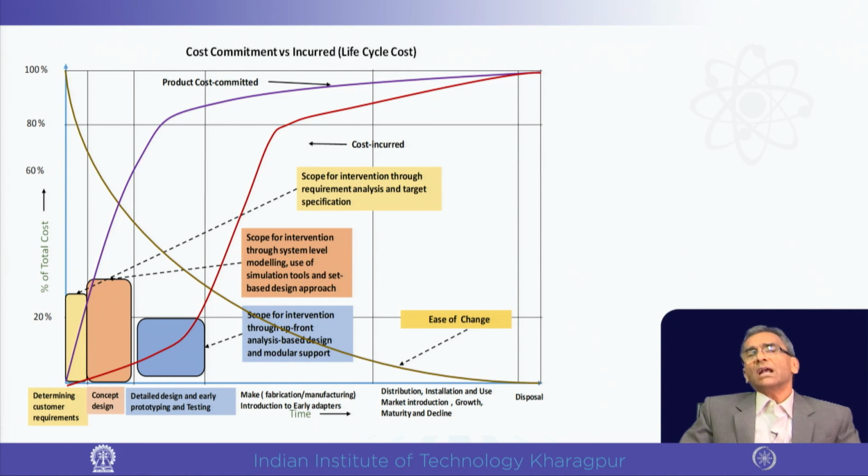Here you see a graph, apparently a little complex, there are so many lines, this and that, but very soon it will become very lucid to you if I say on the left you see a purple graph, which means that as we progress with different or various stages of innovation and development, like say determining customer requirements, as we have already discussed, then concept design, then detail design and so forth.